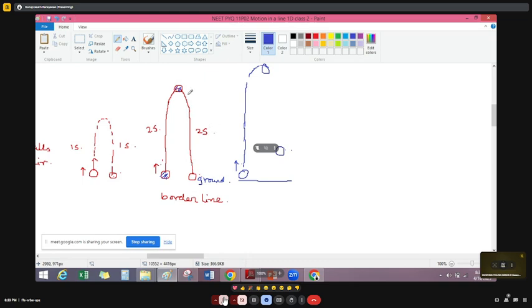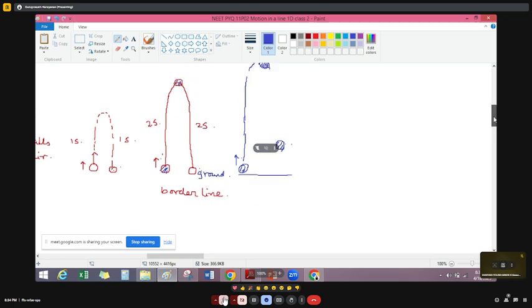Understand this situation well: if thrown 2 seconds before, it would have reached the ground. But if I throw a little bit farther than this, at a higher speed, this ball will be at a higher height. Then it will take more than 2 seconds. So this ball will also be in the air, then this ball will also be in the air because I am throwing this one. So that means I have to do the calculations for this borderline, and then say that the speed should be more than this.